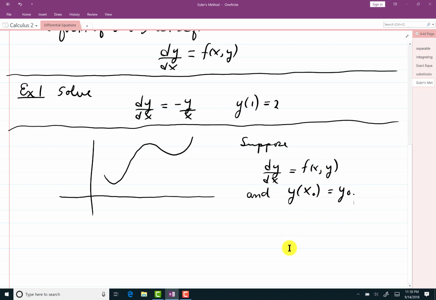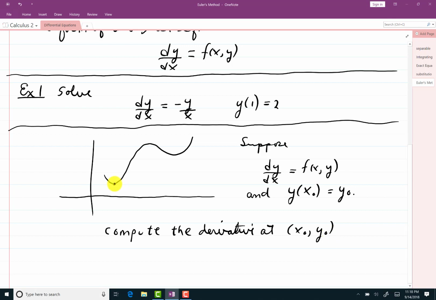So what you do is locate x naught, y naught. It'll be on the curve itself, since this information is an initial value of the curve itself. What you'll do is compute the derivative at x naught, y naught. And you'll get some sort of a slope.